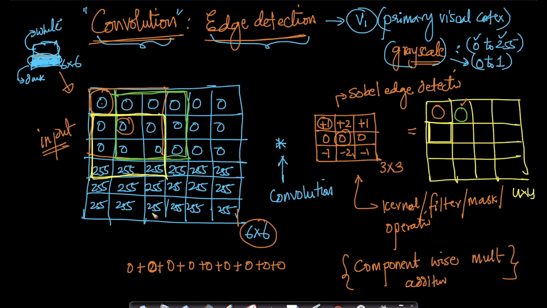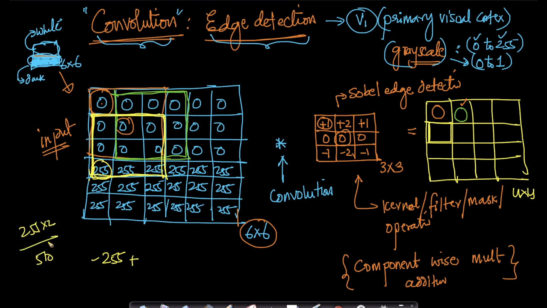So now let's do the computation here. You have 0. All three are zeros. Multiplied by these values will all be zeros. We are operating on this 3 by 3 matrix. All these are zeros, so you multiply with zeros, you get 0. But here you have 255 now. 255 multiplied by minus 1 is minus 255, plus 255 multiplied by minus 2, which is 255 into 2, which will be 510.